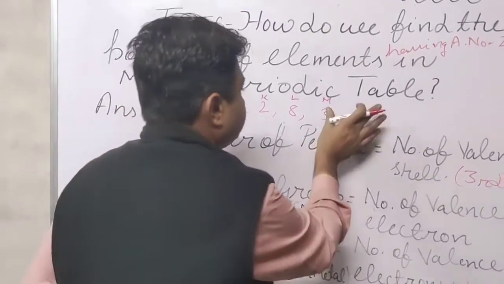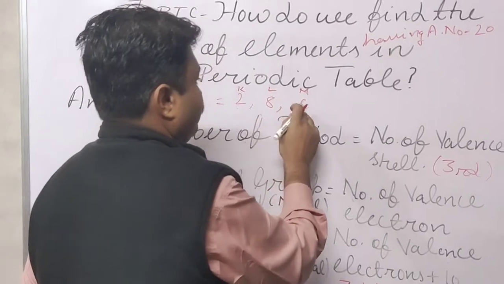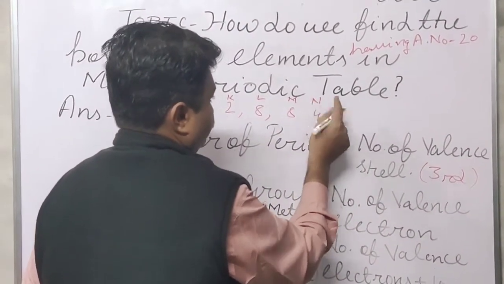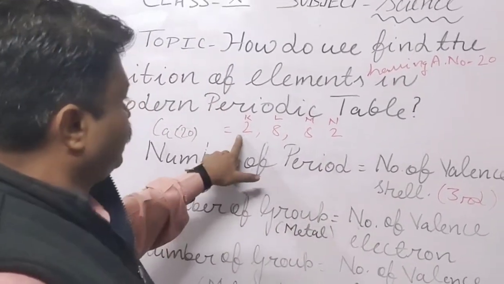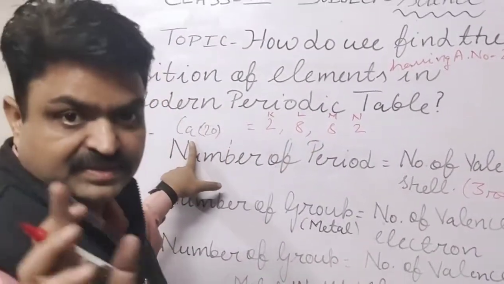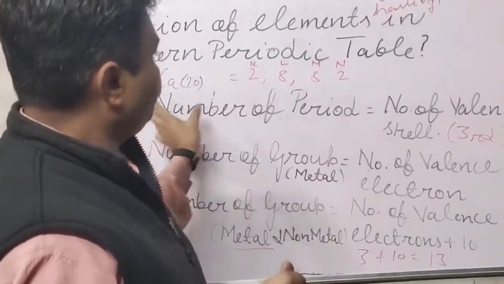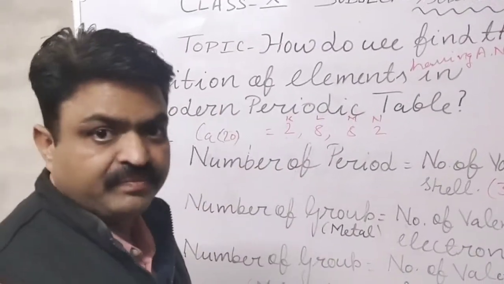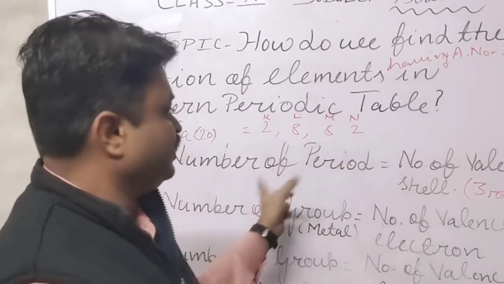Now you write the electronic configuration: 2, 8, 8, 2. It is the electronic configuration of calcium. And now you can get the number of the period here. In the case of calcium, with the help of this, 1, 2, 3, 4 is the number of valence shells.